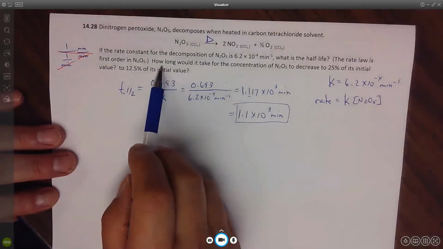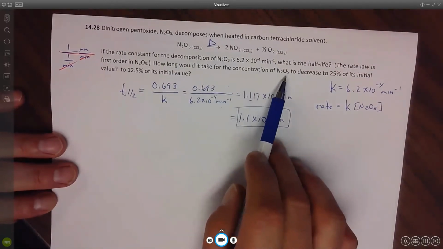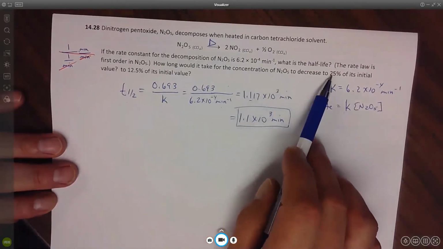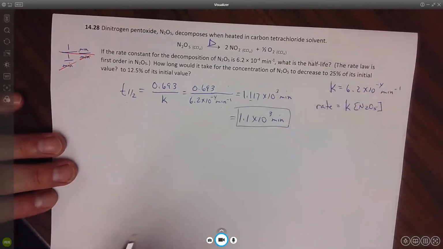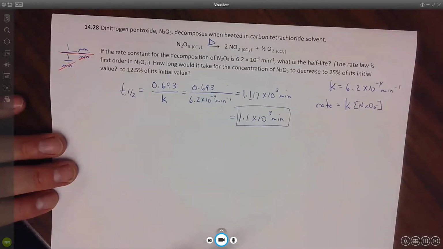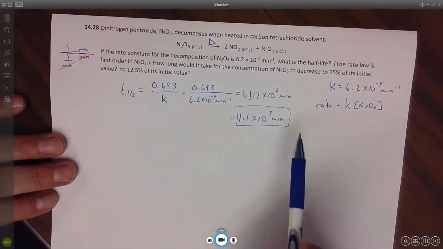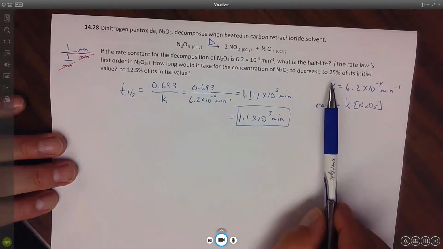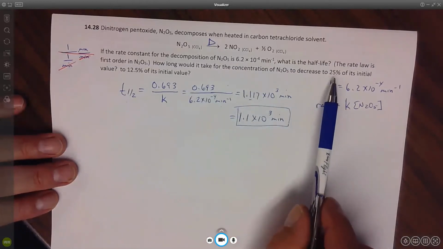It wants to know how long it will take for the concentration of N2O5 to decrease to 25% of its initial value. How could we go about solving that? Caitlin, what do you think? How are we going to determine how long it would take to drop to 25% of its initial value?